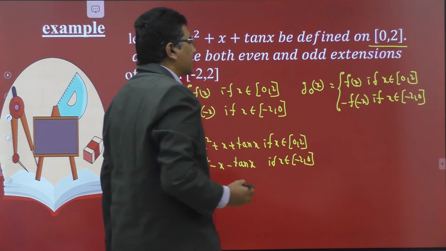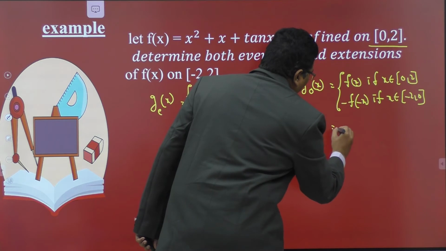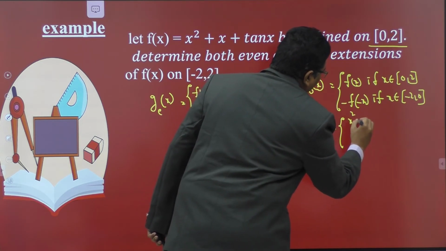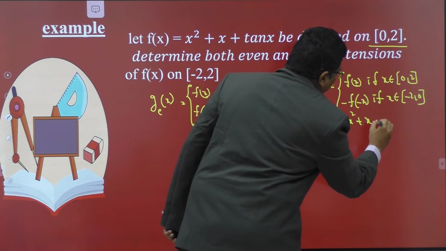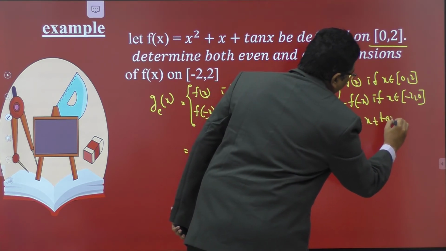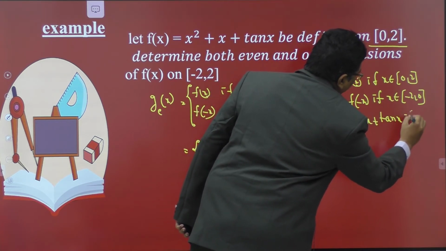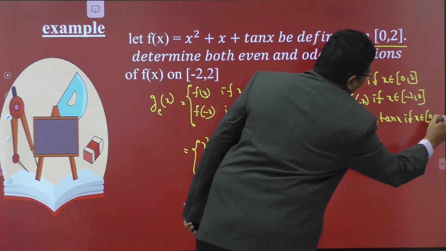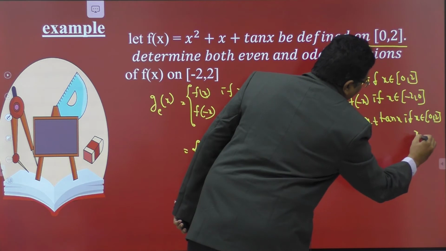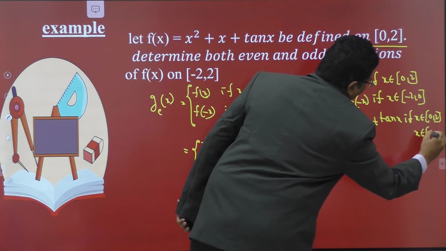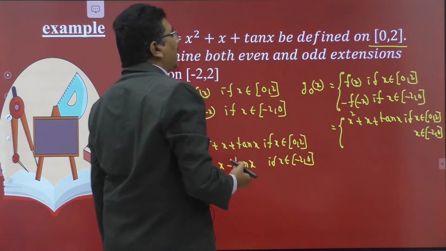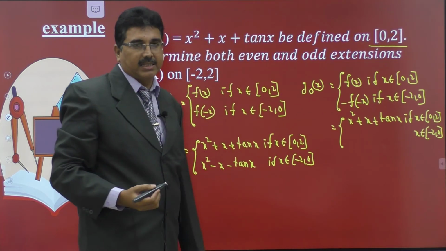Now the odd extension, that is equal to f of x. F of x means x square plus x plus tan x, if x belongs to the closed interval [0, 2]. If x belongs to the closed interval [-2, 0], it is minus f of minus x.